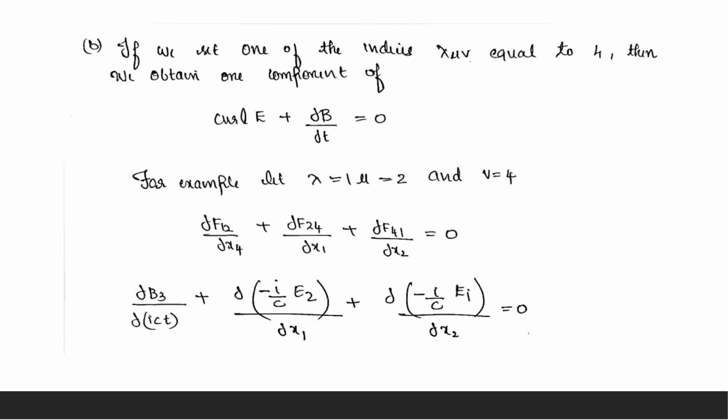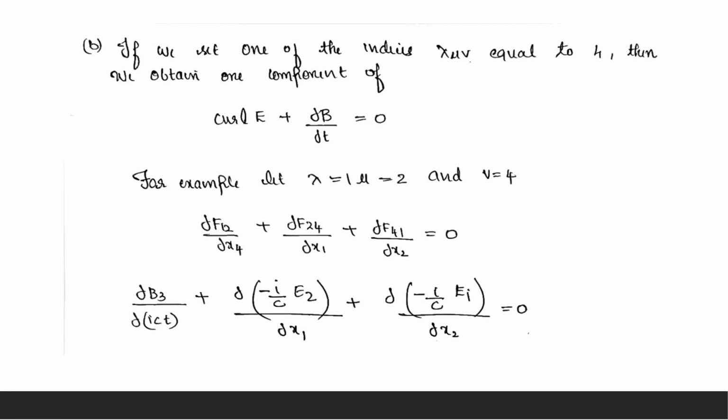If we set one of the indices λ, μ, ν equal to 4, then we obtain one component of curl E plus ∂B by ∂t, which is equal to 0. For example, let λ be equal to 1, μ equal to 2 and ν equal to 4. Then ∂F12 by ∂x4 plus ∂F24 by ∂x1 plus ∂F41 by ∂x2 is equal to 0.